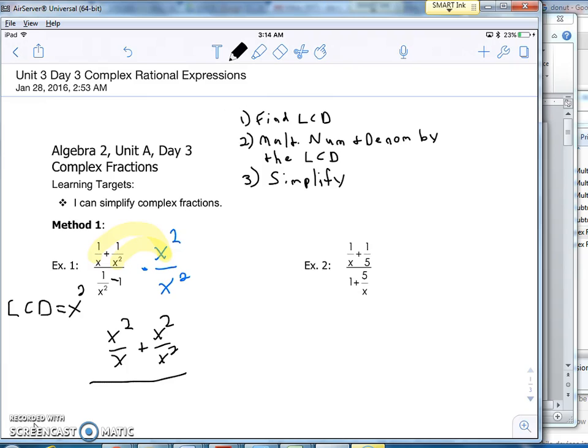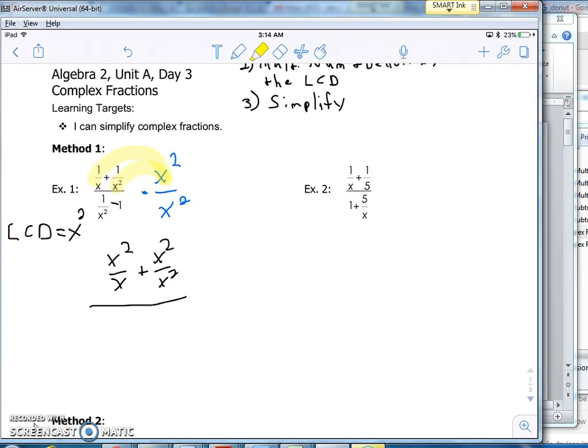All of this is over the distribution in the bottom, x squared over x squared minus x squared. And then we're going to reduce all these.